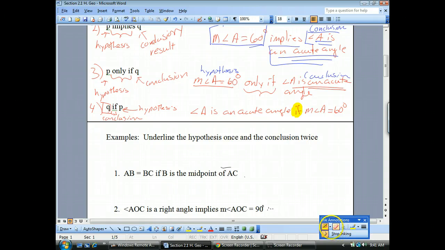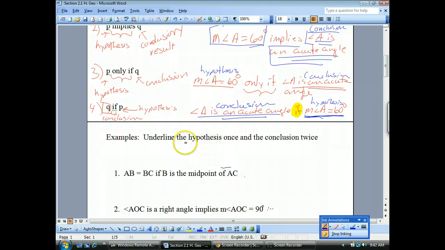That tells me that the hypothesis comes behind, this is the hypothesis, and in this case, the conclusion is in front.